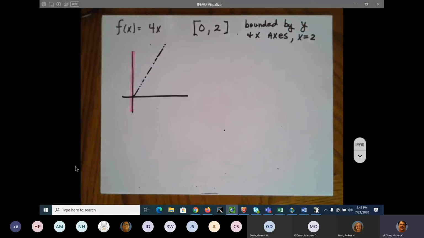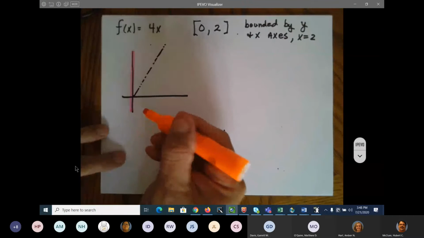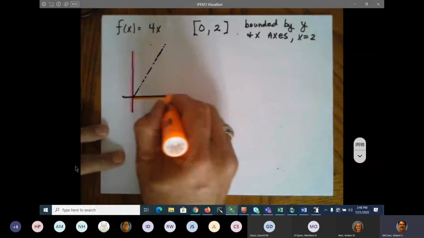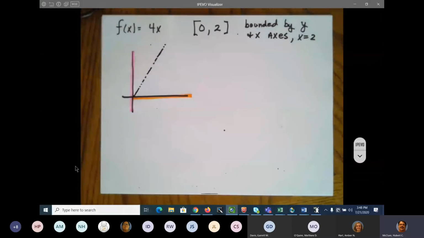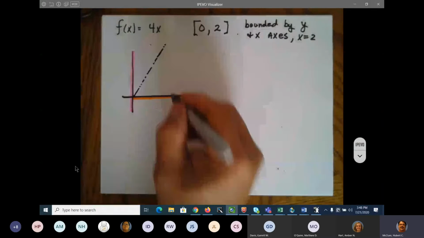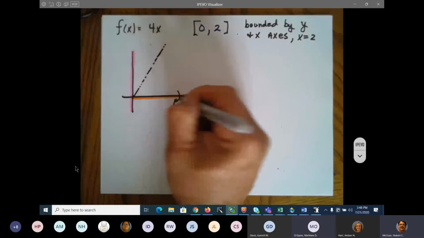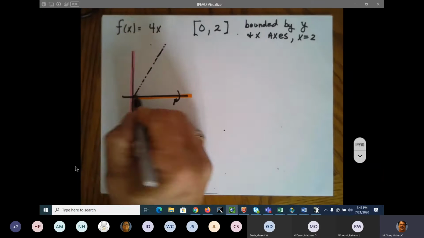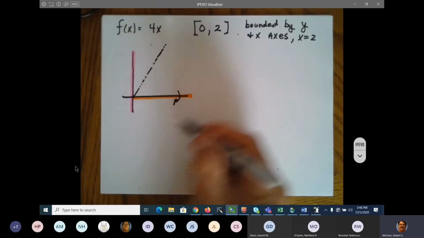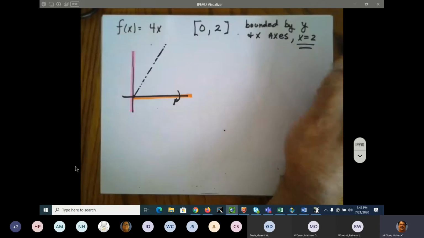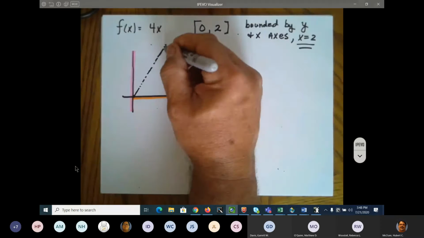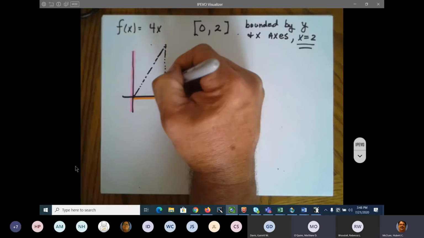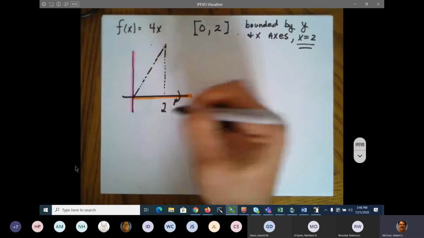And the x-axis, when they tell you it's going around the x-axis, that's when the x-axis becomes relevant and the y-axis becomes irrelevant, because you're coming from this point. And then they say to 2, and then you drop a line at 2.